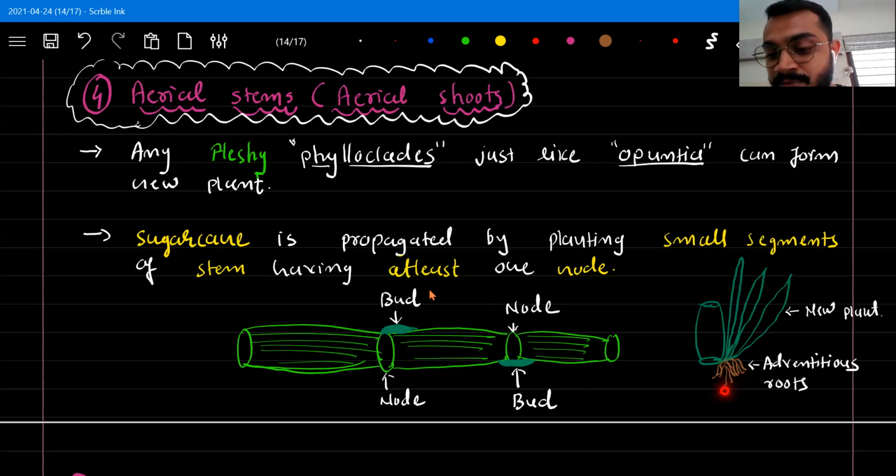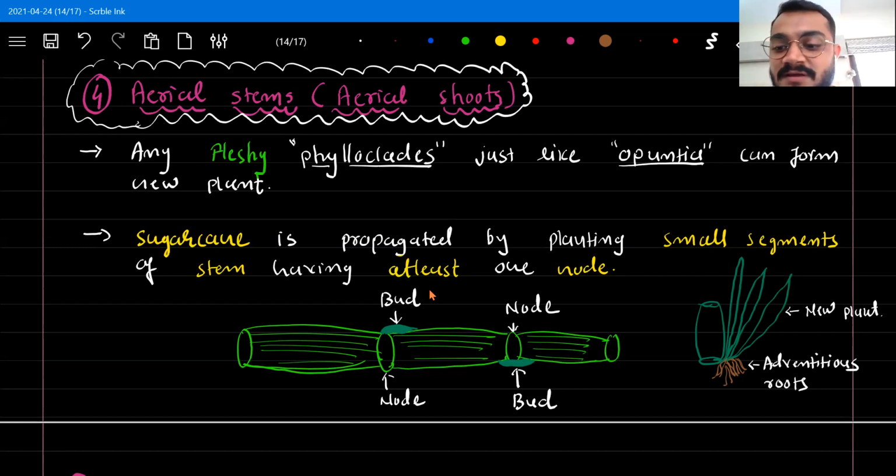You must have also seen the adventitious roots on the nodes of the sugarcane stem. While eating sugarcane, you must have observed roots present on the stem. That is an adventitious root. So that means if you cut that part and plant it into the soil, it will definitely give rise to a new plant.